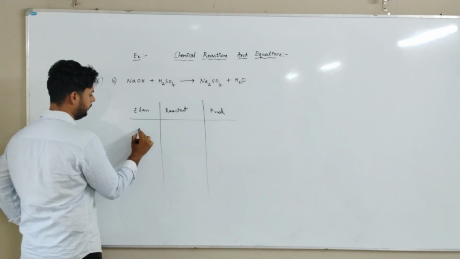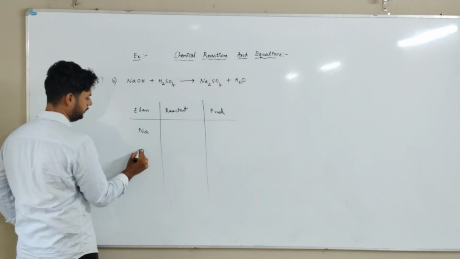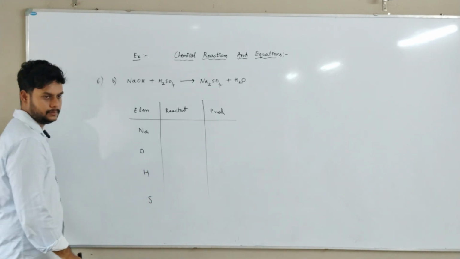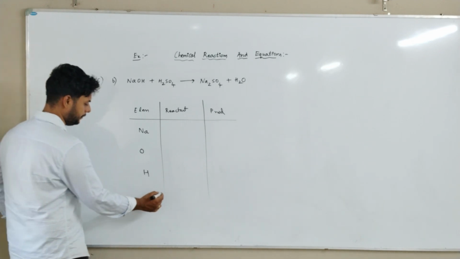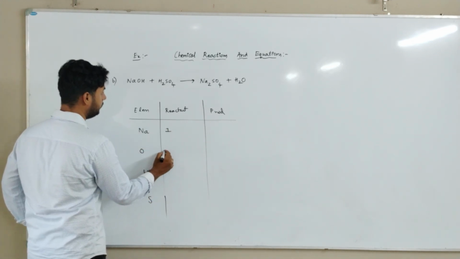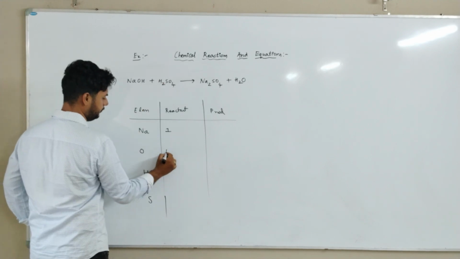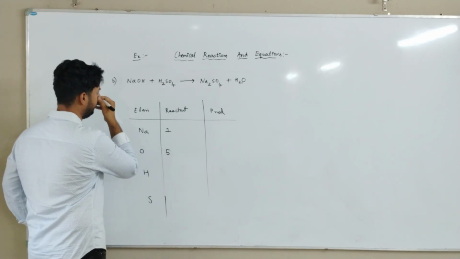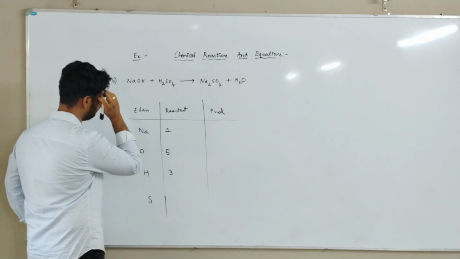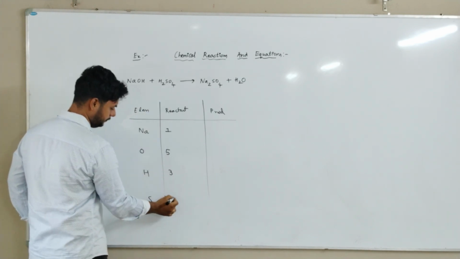Na element, oxygen, hydrogen, sulfur. Okay. Here I have Na1, oxygen 4 plus 1, 5, and hydrogen 1 plus 2, 3. Sulfur only 1 is there.